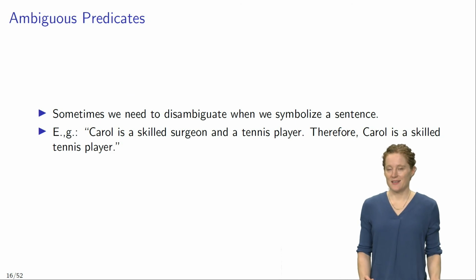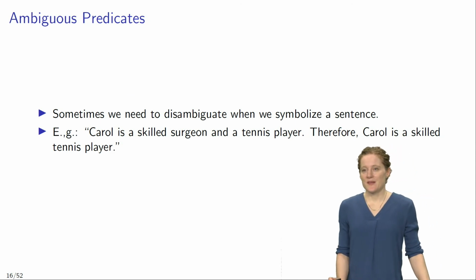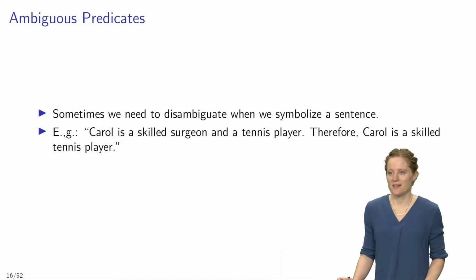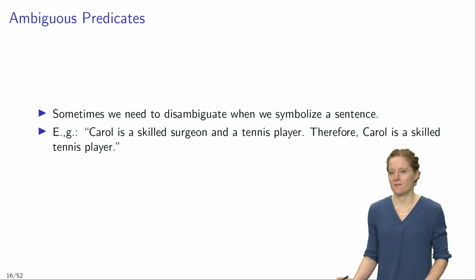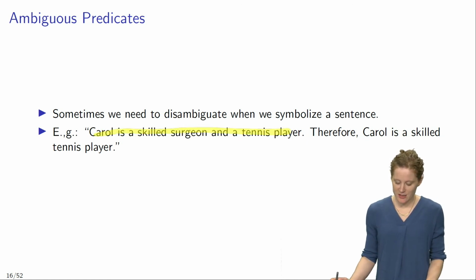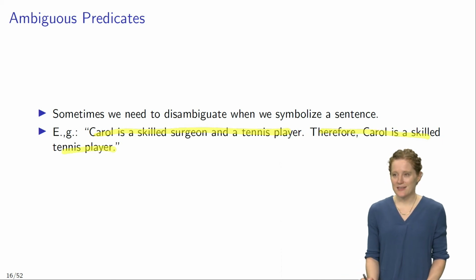Now, a final important caveat, sometimes we need to disambiguate similar sounding predicates when we symbolize a sentence. So for example, think about this argument here. Carol is a skilled surgeon and a tennis player. Therefore, Carol is a skilled tennis player. Now, this clearly doesn't follow.